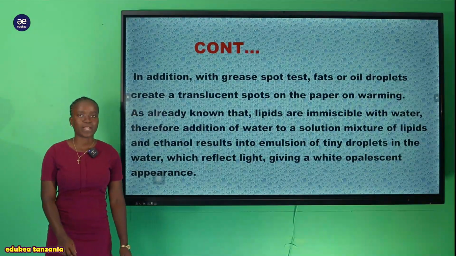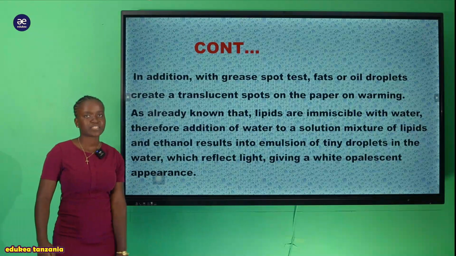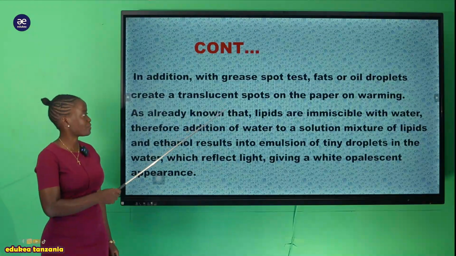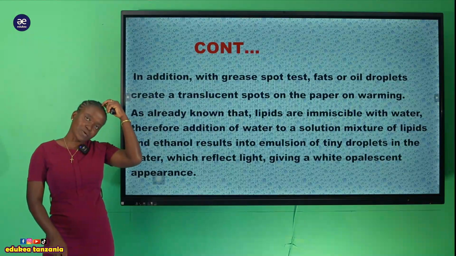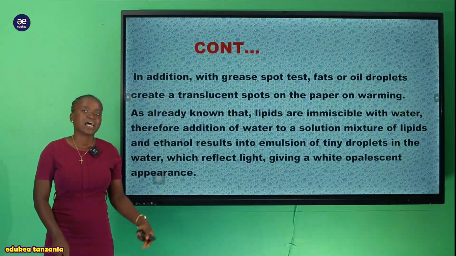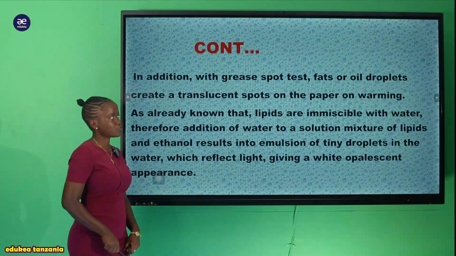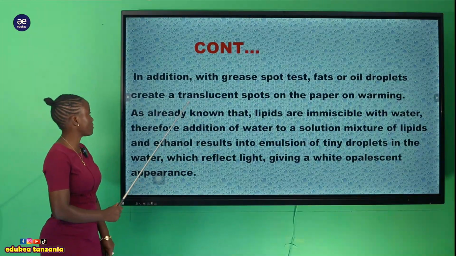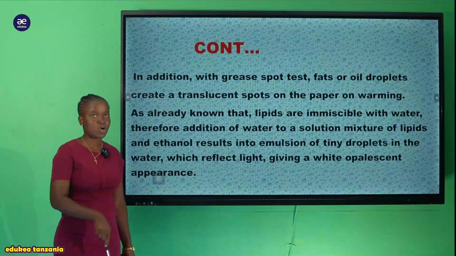So now unaweza ukaona kwa maana kwamba kwenye ukitumia hii grease spot test, kutest if there is a presence of lipid into your sample or into your mixture, you're going to have the presence of the translucent layer, kwa maana kwamba it creates a translucent spot on the paper on warming.